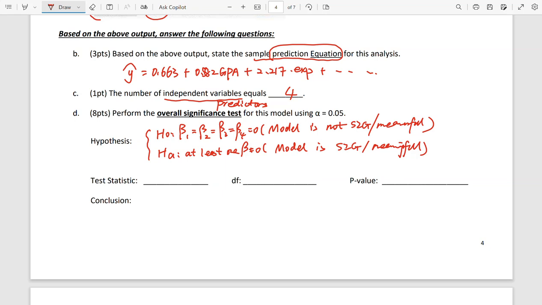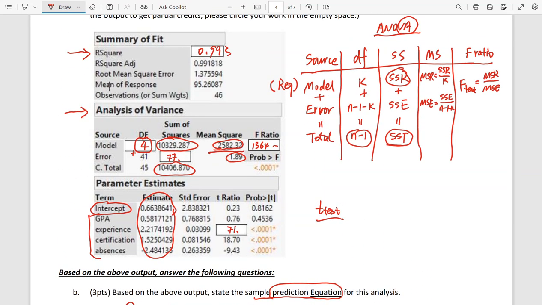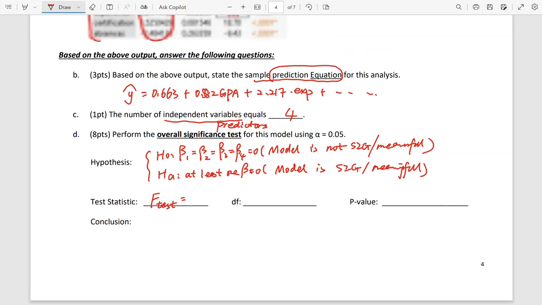Since we are testing all the betas at the same time, for the test statistic, F or T, it should be F. So we have the F test statistic. If you go to the above output, you should already have your F ratio here, which is your F test statistic.